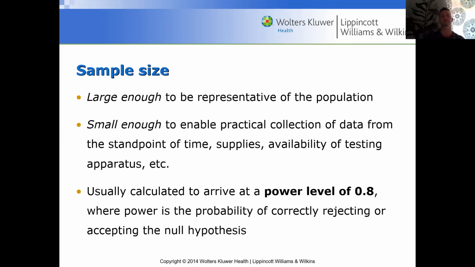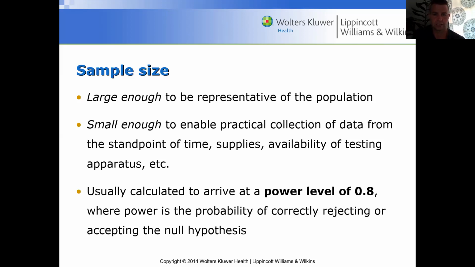So that's the fight, right? You'd love to sample everybody because then that can really be generalized out. But that's not always feasible depending on what you're doing, right? So again, we need it small enough that we can actually do the research, but large enough that it actually means something, right?